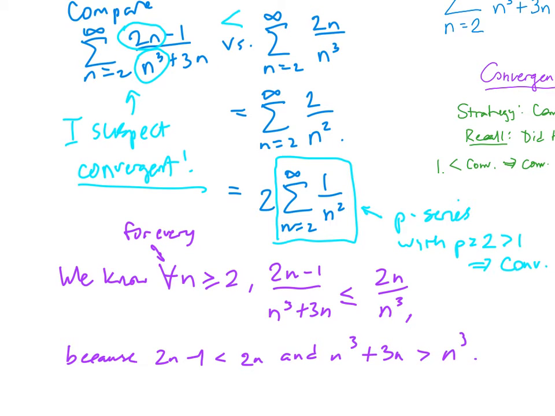So smaller numerator, bigger denominator means that this fraction's value is going to be, at the end of the day, smaller.